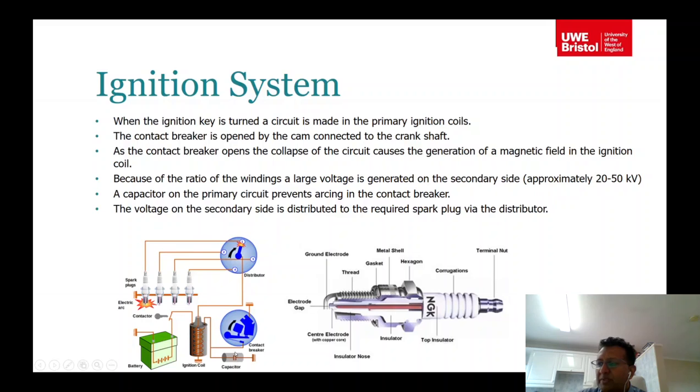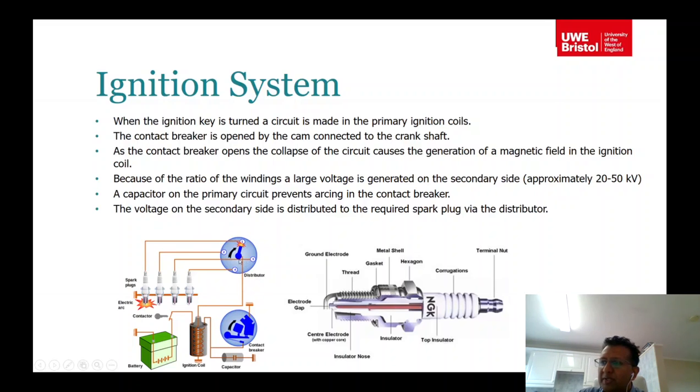And then you have a capacitor as well. What the capacitor does is it accumulates electrical charge and releases it in a very short period at a very high voltage. That's what the capacitor does. And then there's the distributor.